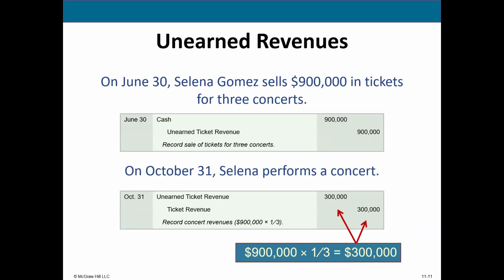Examples of this would include something like airline ticket sales, magazine subscriptions, construction projects, hotel reservations, gift card sales, and maybe when you purchase something on Amazon and it hasn't shipped yet, that's unearned revenue for Amazon. Okay. So there's some examples to name a few.